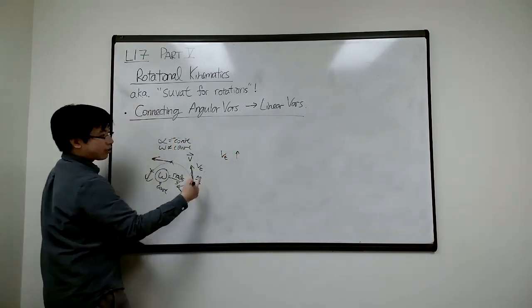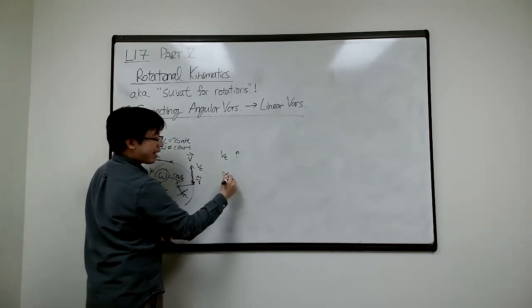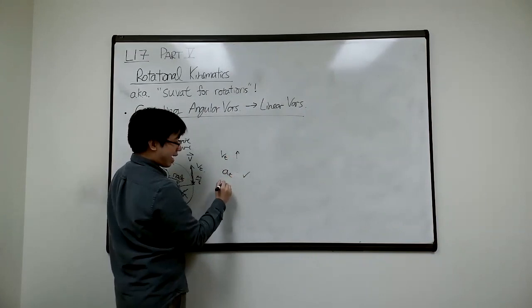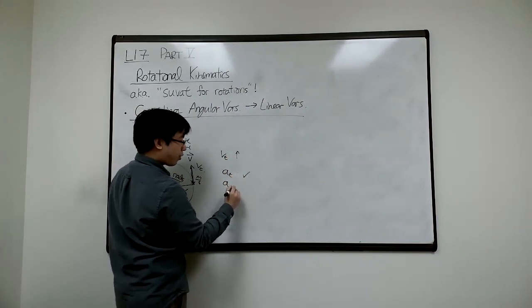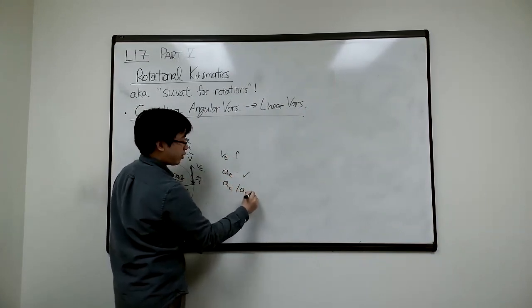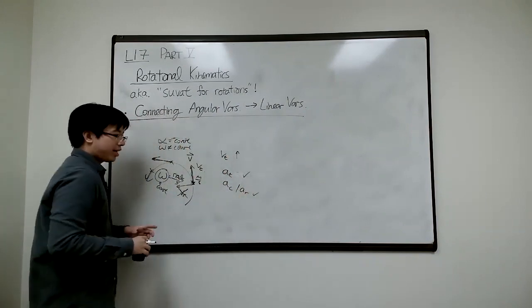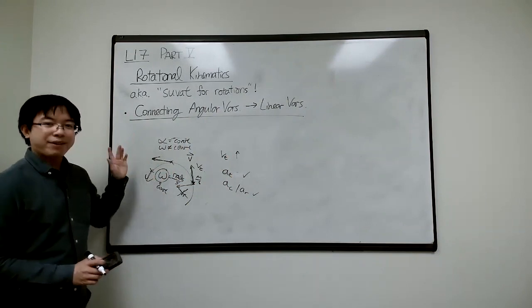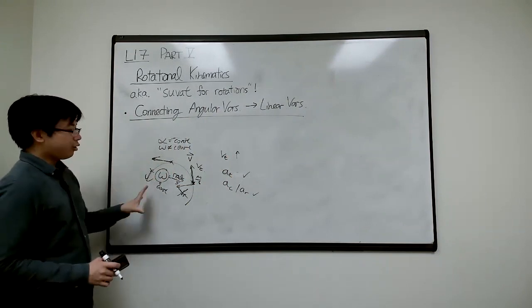And so this guy will increase. So there is a tangential acceleration, and there is a centripetal or radial acceleration. You can use either one, in what we are going to be interested in.